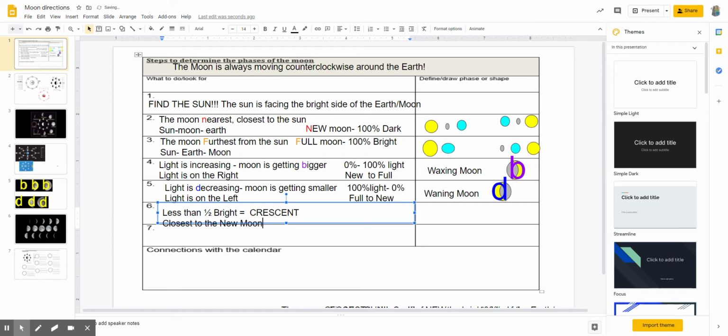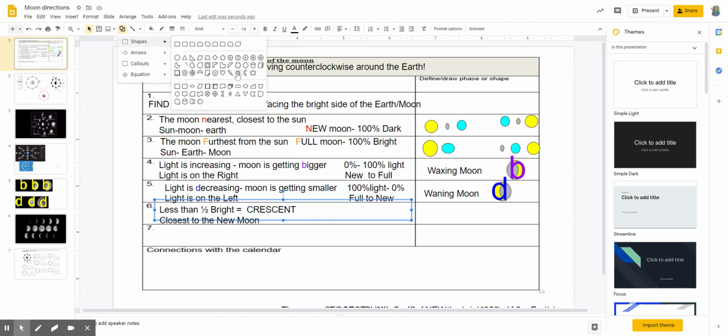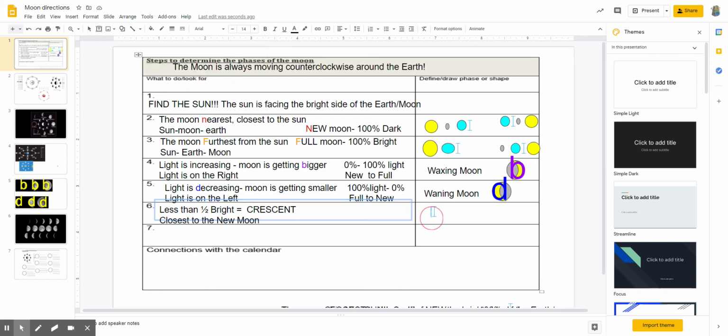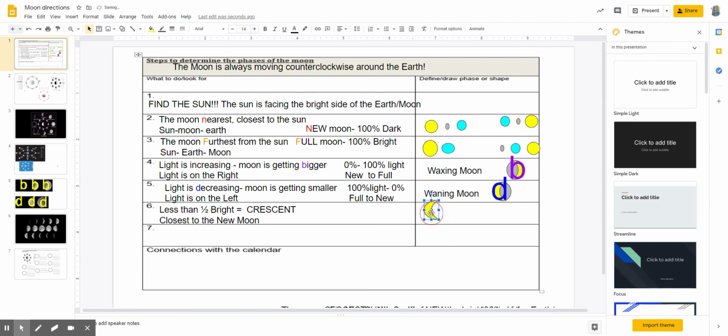So the two moons that are the closest to the new moon are our crescent moons. And for our crescent moons, we can even just insert one of these symbols. A crescent moon can be facing either direction, any size that's less than half. That could be a crescent moon.